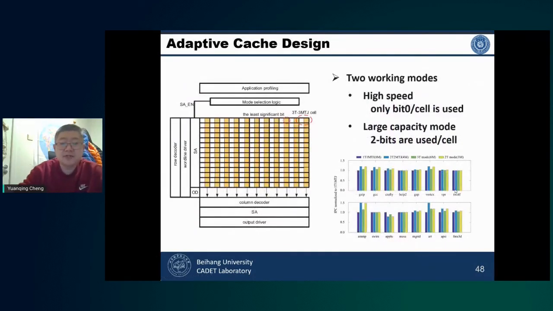More importantly, we can set the 3T3MTG in two different working modes. In the high-speed mode, we can only use the bit 0 in each cell to achieve the fast sensing speed.